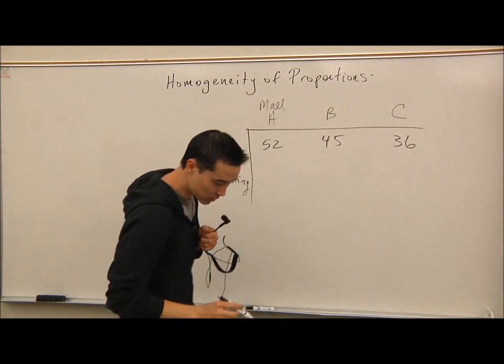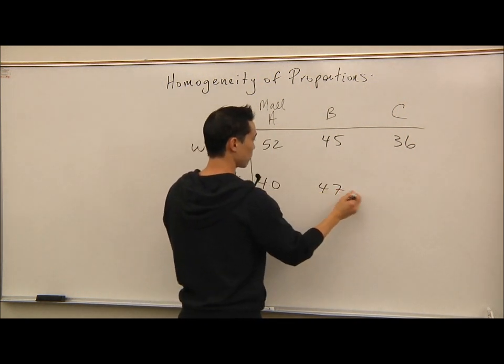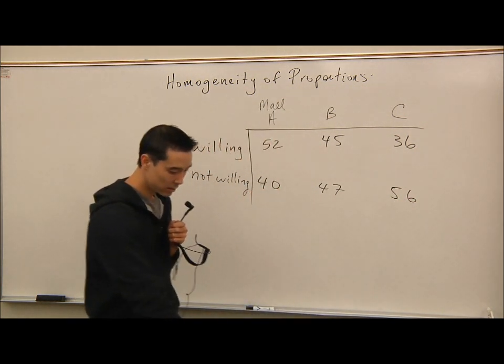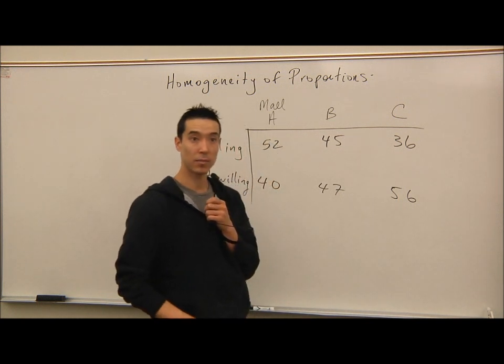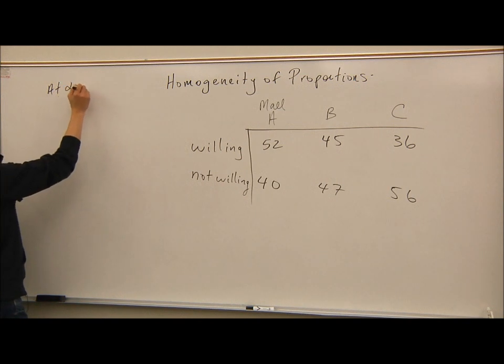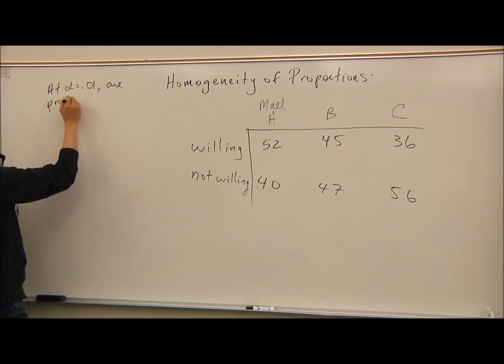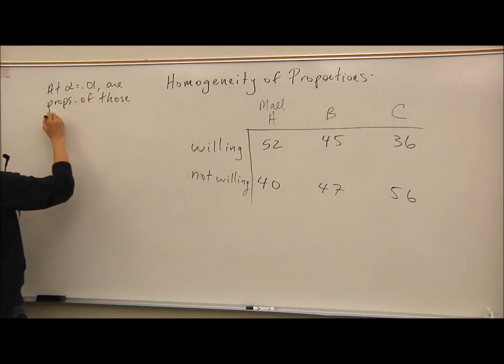And the second row is 40, 47, 56. Okay? And the question was, at alpha equals 0.01, are the proportions of those willing to participate equal?